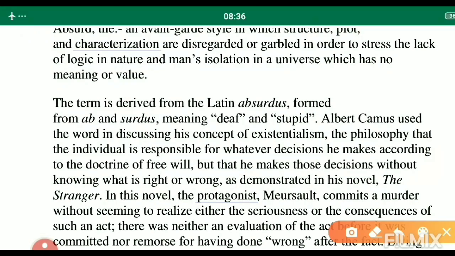So an individual himself or herself is responsible for whatever decisions he makes by his free will, but he takes those decisions without knowing what is right or what is wrong. In such a philosophy, the person takes a decision by his free will without knowing the pros and cons or the right or wrong of that particular decision.